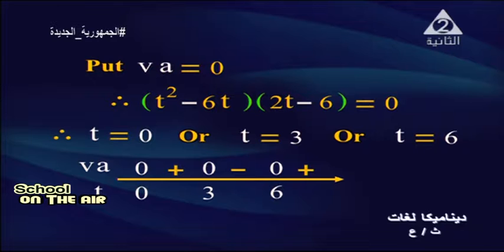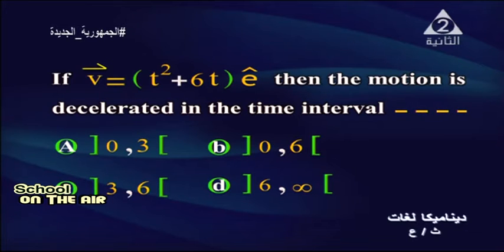Then the motion is decelerated in the open time interval 3 and 6. Now we can choose letter C, because the motion is decelerated in the open time interval 3 and 6.